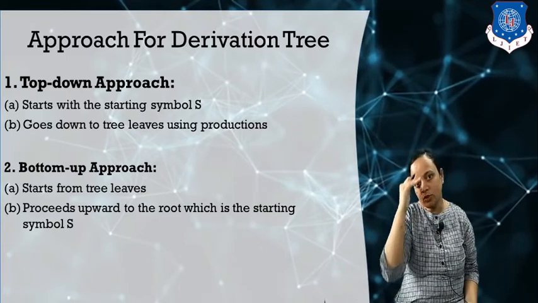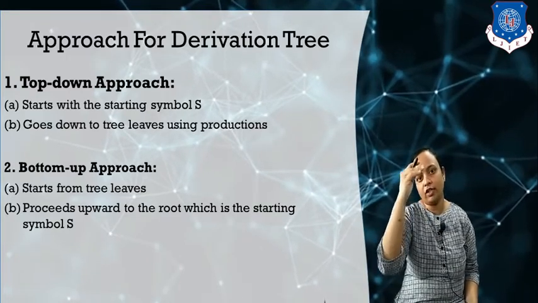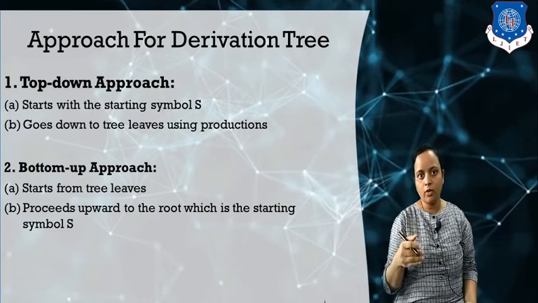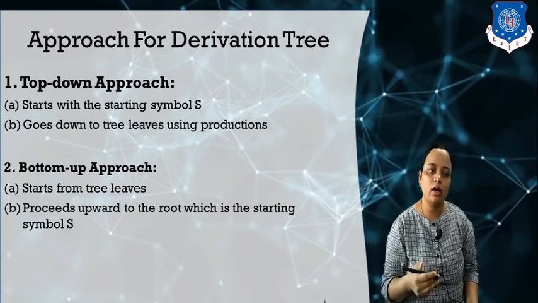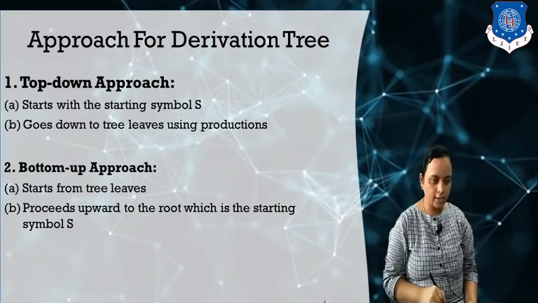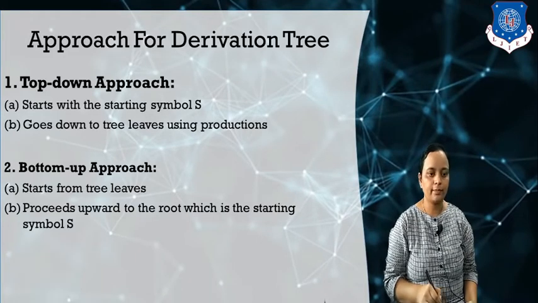As we have seen in the previous slide, it is the top down approach because we generate the string from the topmost node to the leaf nodes. Now let us understand the bottom up approach.